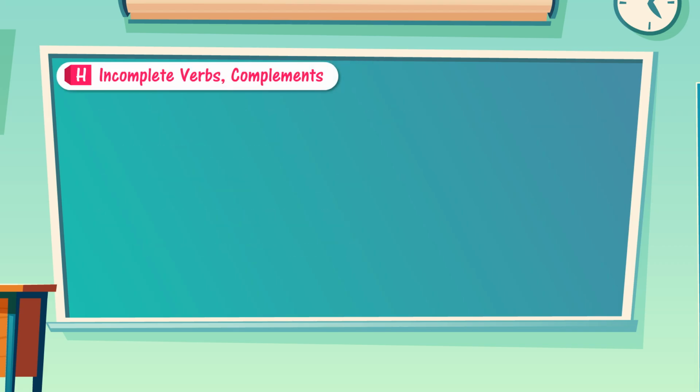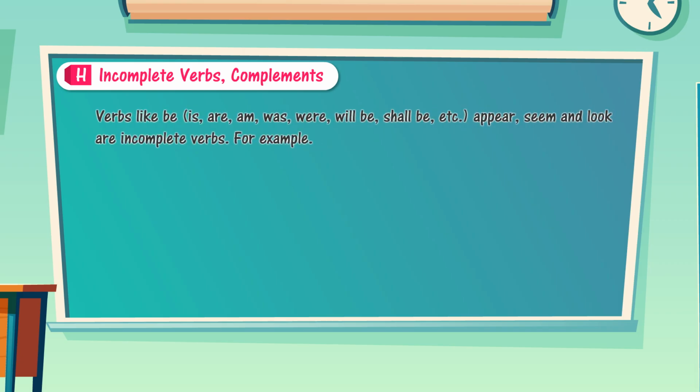H. Incomplete verbs, complements. Verbs like be, is, are, am, was, were, will be, shall be, etc. appear, seem, and look are incomplete verbs. For example, 1. The bus is. 2. Mother was. 3. The teacher looked. 4.